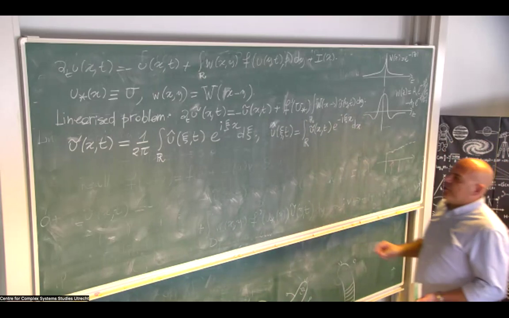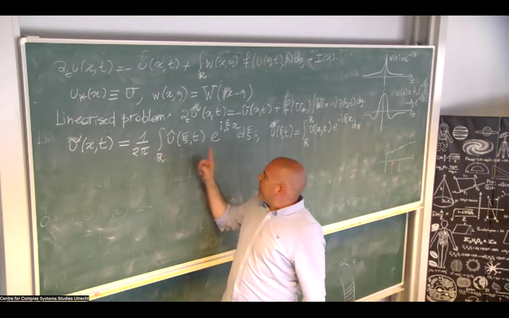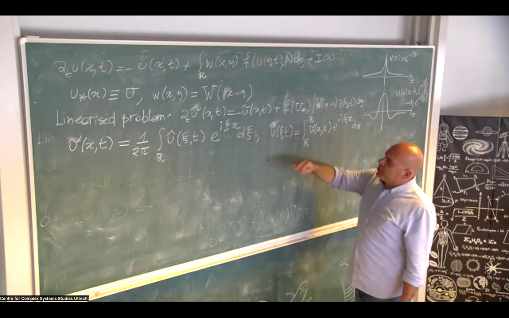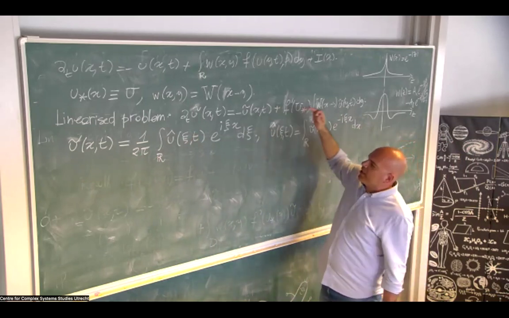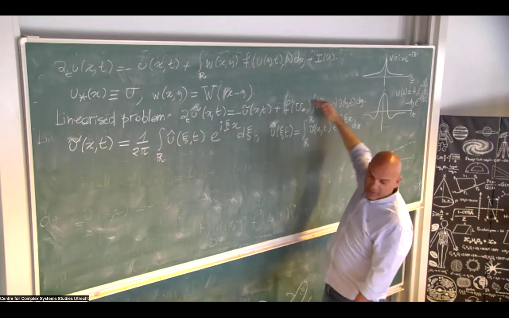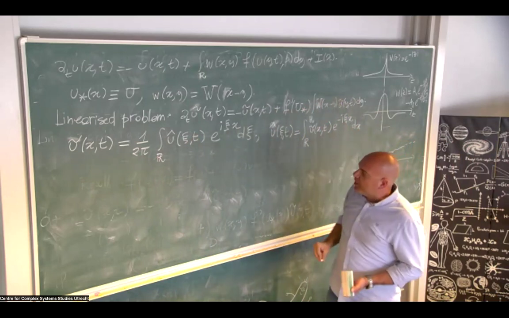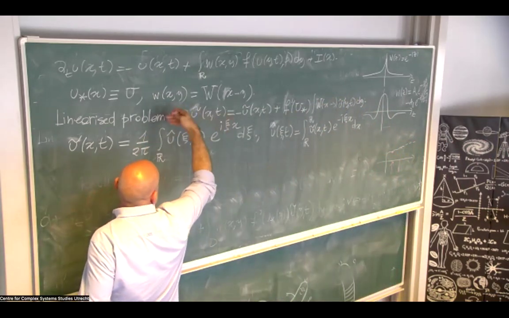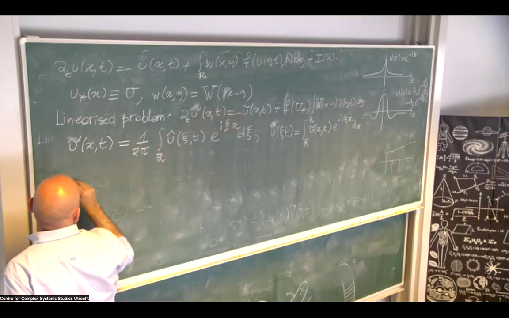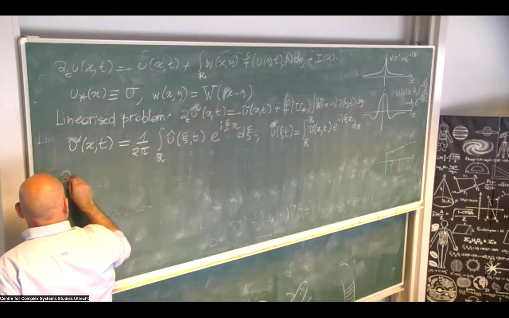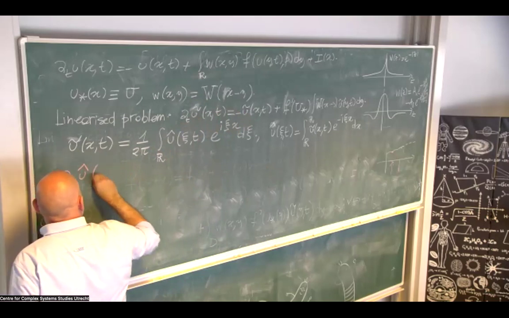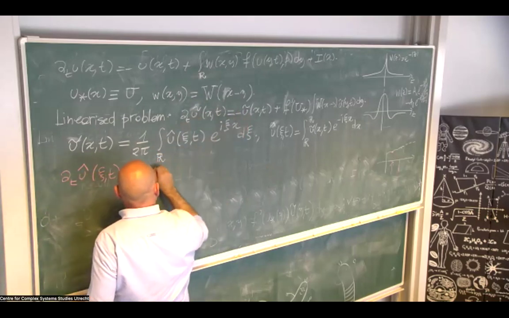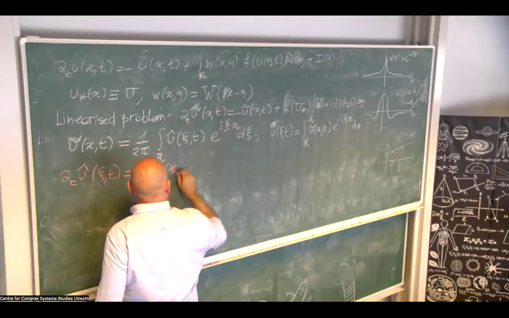And so you seek solutions of this form in Fourier space in which u hat is the Fourier transform of your signal. So the way you typically progress at this stage is you formally take a Fourier transform of the right-hand side of the equation that you're trying to solve. And what are you going to get? If you now apply the Fourier transform formally to the entire right-hand side, you're going to get dt u hat of psi,t equals minus u hat of psi,t.